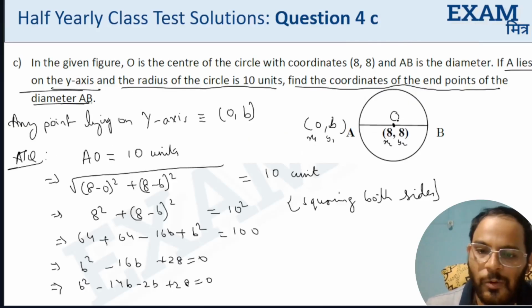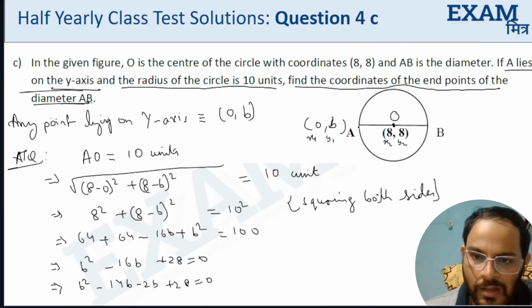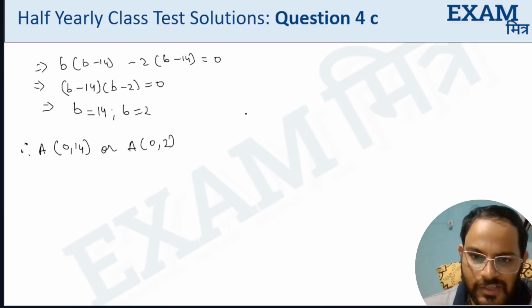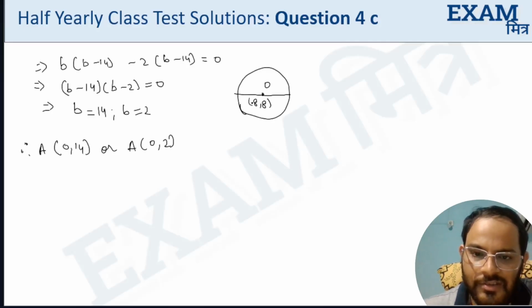Now see, as O is the center, O will become the midpoint of AB. So to find the coordinates of B, suppose this is a circle and this is the center and this is the diameter. This is center O, (8, 8). This is (0, 14), and let's say this is (alpha, beta).